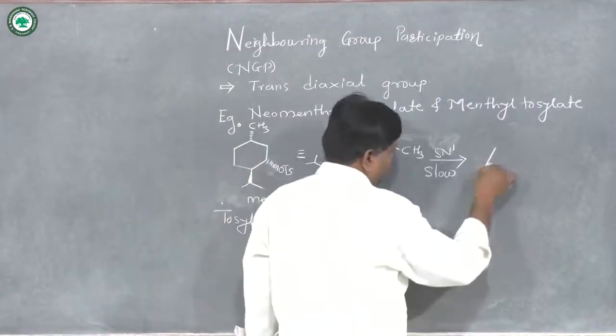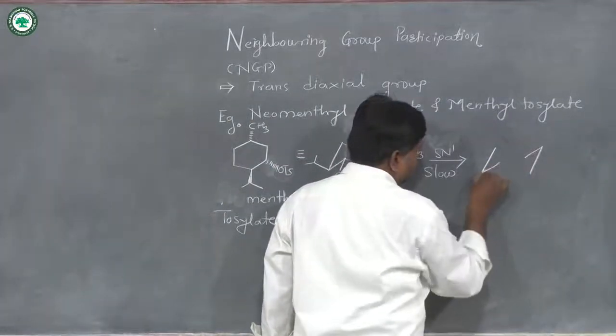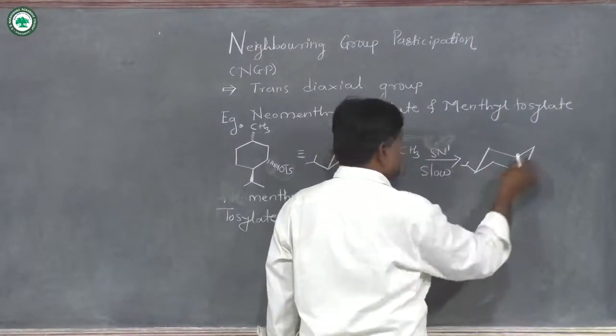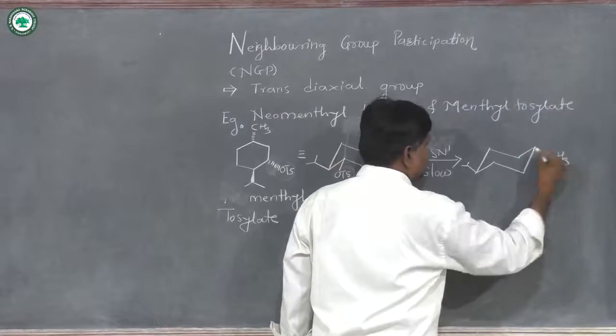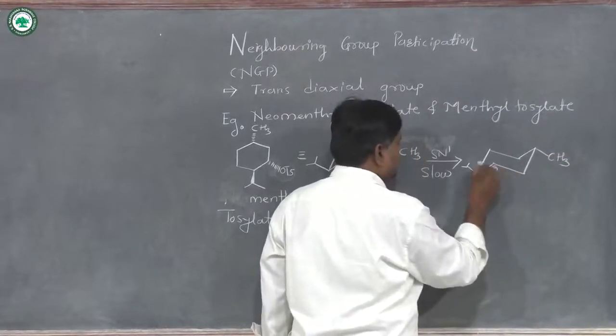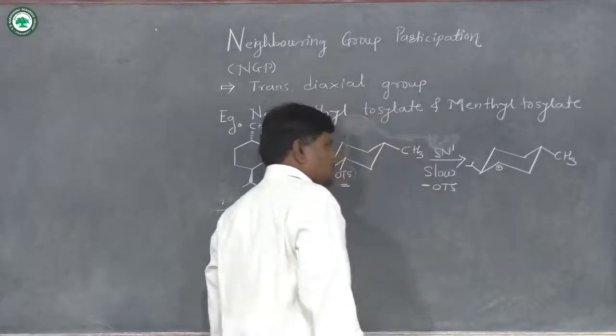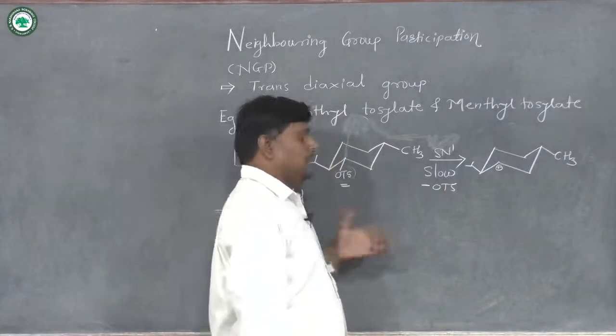And here we get a product, where we write minus OTs, the tosyl group is lost. Why?